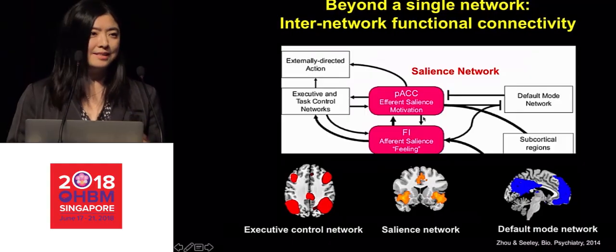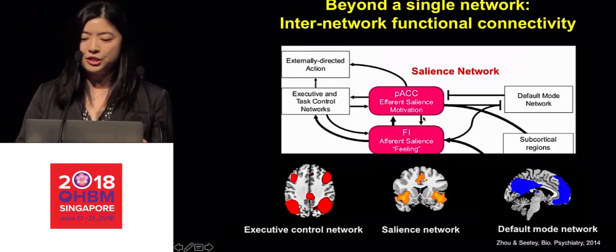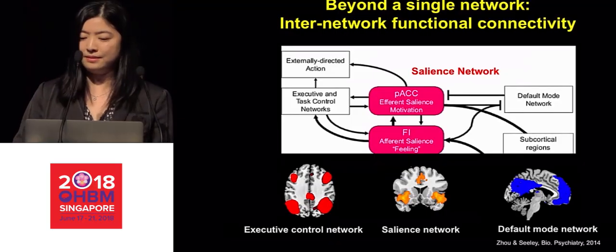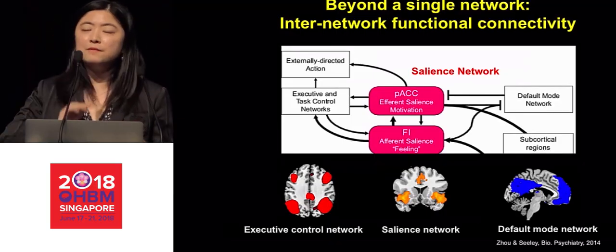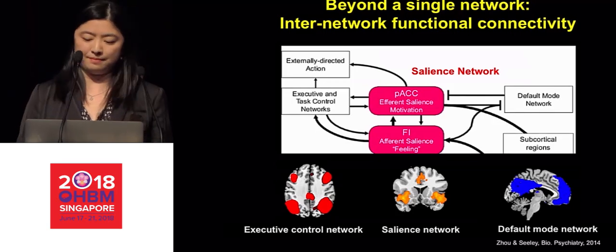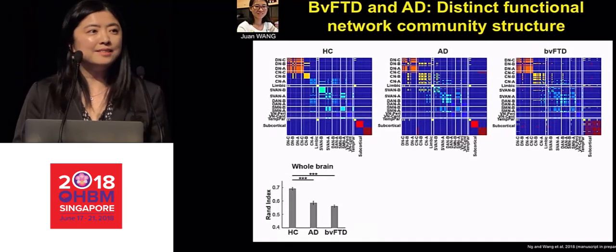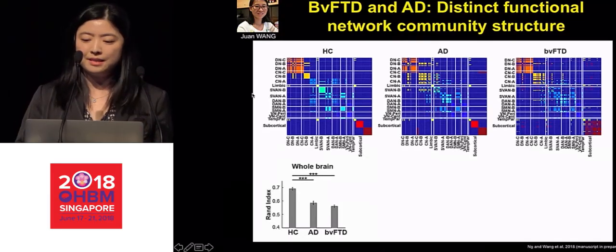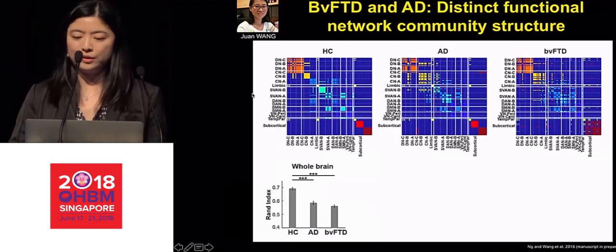We hypothesize that such network coordination is differentially disrupted in different dementia subtypes and may lead to cognitive or social-emotional symptoms. To test this hypothesis, our team decided to systematically test the whole brain functional connectivity in AD and bvFTD based on a Singaporean cohort.